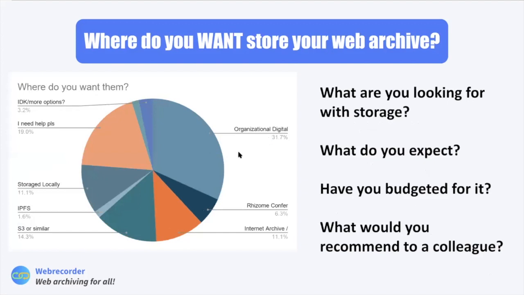We can see that the organizational digital repository is the most common answer, which is great, because I think we also share the goal of helping users store their archives in their institutional repository.